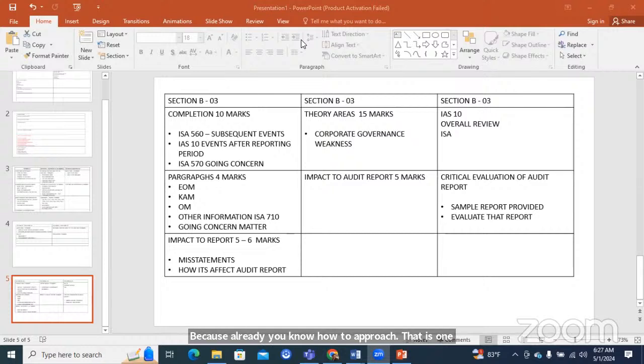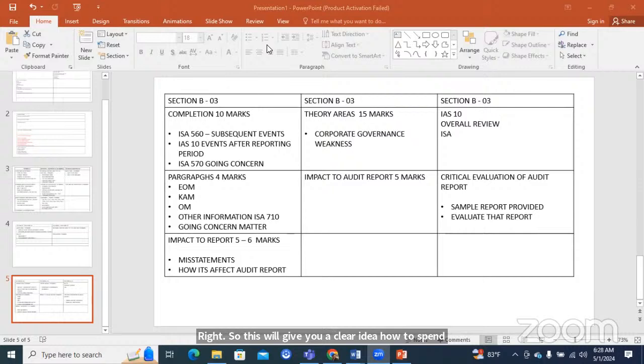Is it clear, students? Everyone understood up to now? Overall, your syllabus is discussed, and I gave you a pattern of how the examiner can merge topics. This will give you a clear idea how to spend time.